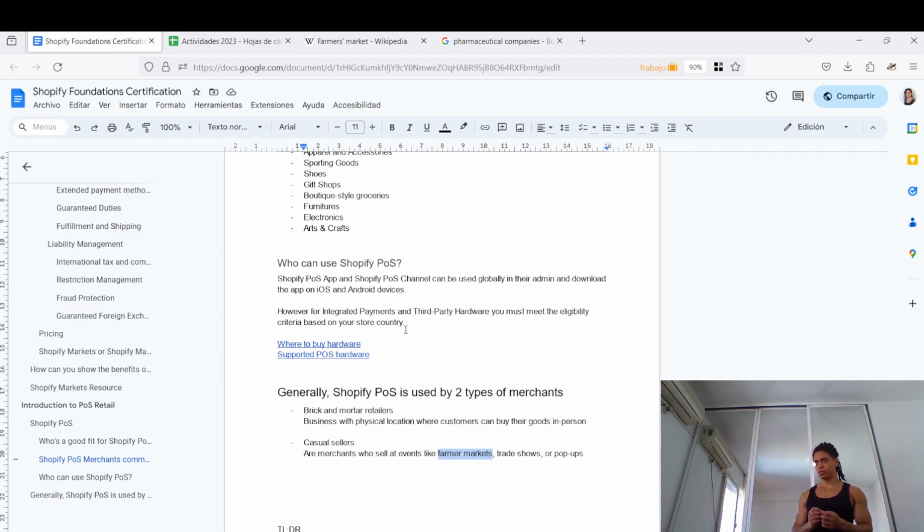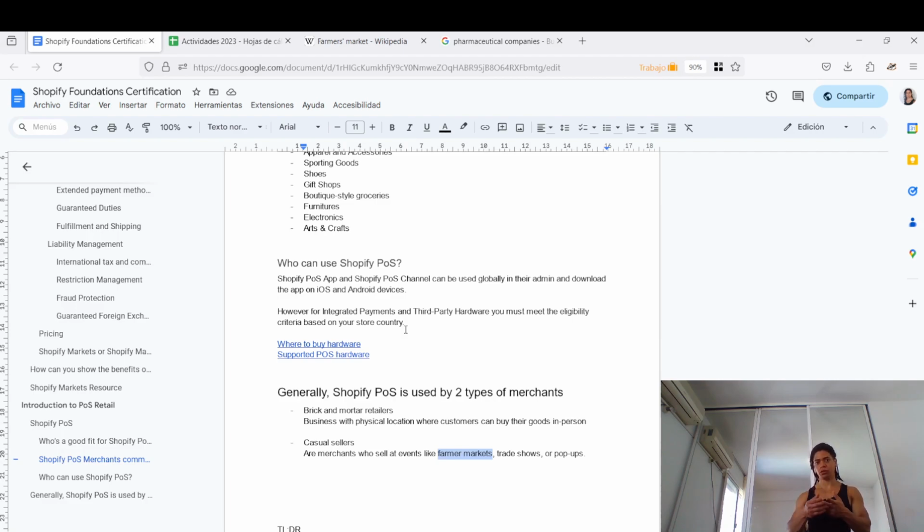So this is interesting. It makes a lot of sense for two types of merchants that generally use Shopify: brick and mortar locations, when they have physical locations to sell all of the items that I already mentioned.